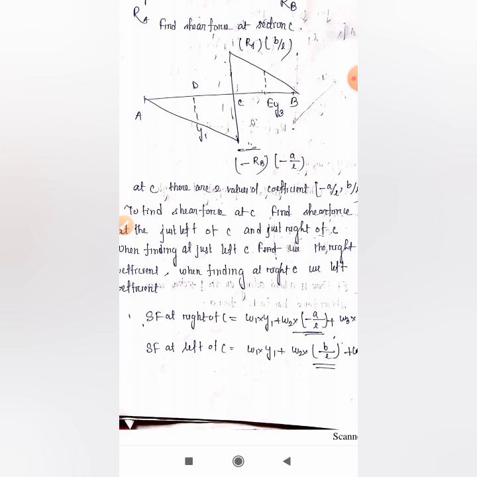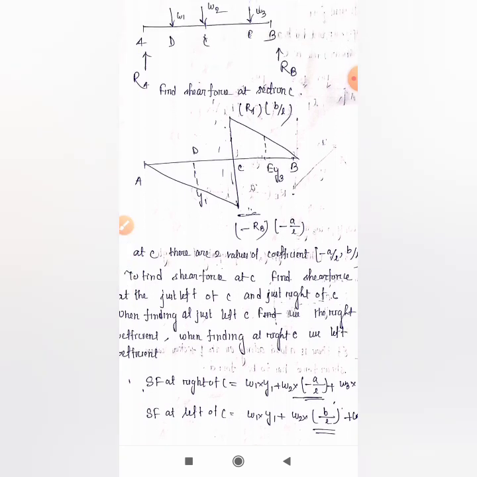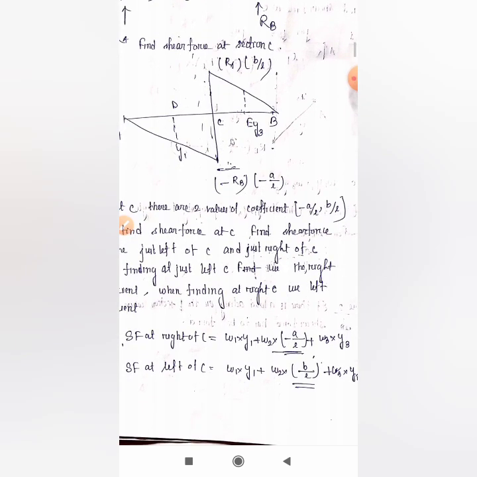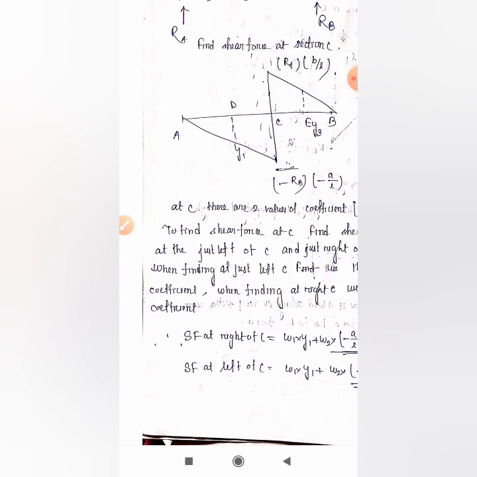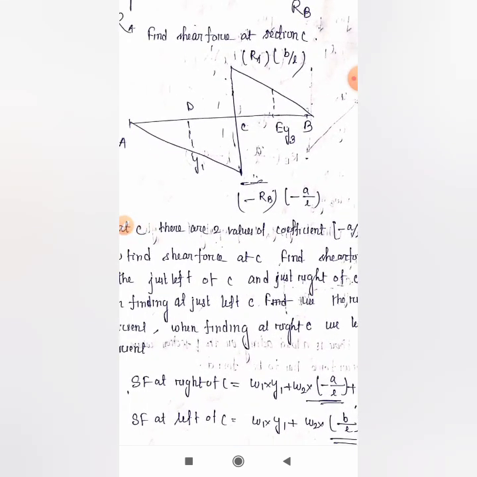Then minus RB equal to minus X by L, that is minus A by L, and the positive value also. That is, in section C the shear force has two values, one is negative, another is positive, and that is the main problem. The positive value of the shear force is RA, that is B by L. Now in section C we can see two values available.